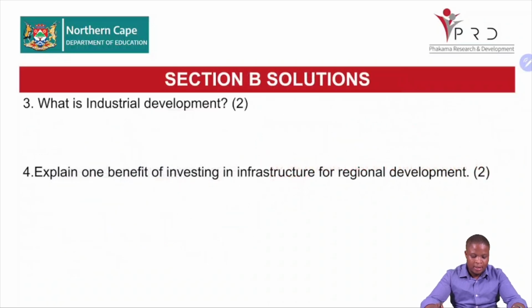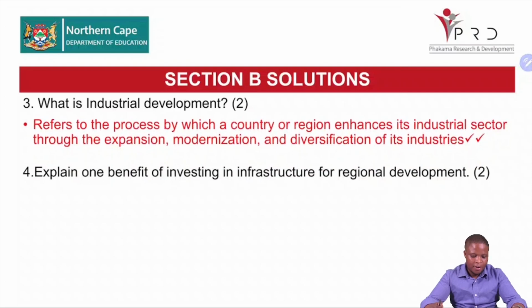What is industrial development? Describe industrial development. It refers to the process by which a country or region enhances its industrial sector through expansion, modernization, and diversification of its industries. Right? You can describe industrial development as when new businesses are being built or we are expanding the existing business.